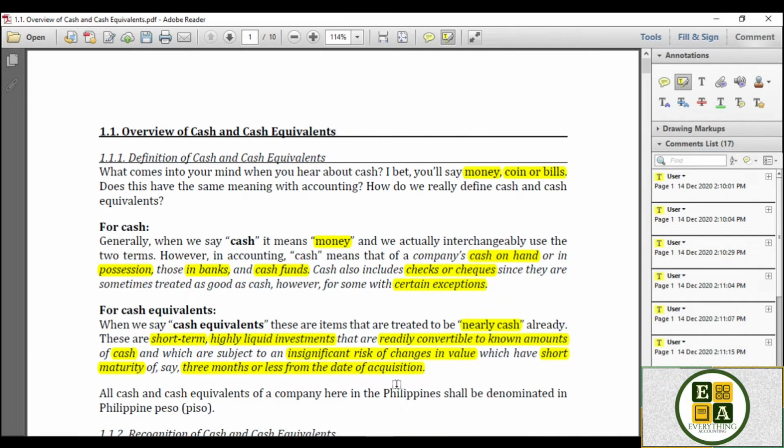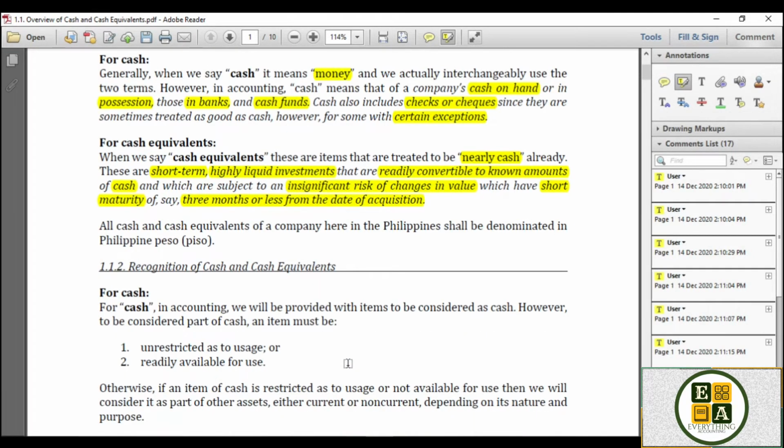Since investment ang cash equivalent, kailangan ina-acquire natin siya or pino-purchase. So therefore, to qualify as cash equivalent, from the date of purchase, we count 3 months or less para ma-consider as cash equivalents. Because there are items of investment, though convertible to cash, but pag hindi pumasok dyan sa period ng 3 months or less, cannot qualify as cash equivalents.